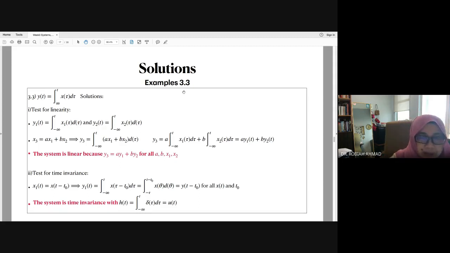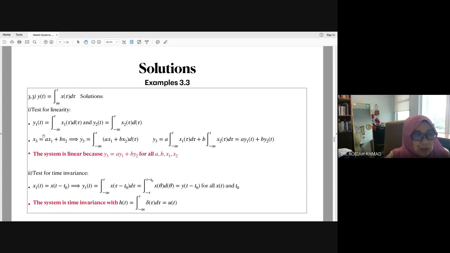So I did give solutions for 3.3. Okay, for the rest, 3.4 and 3.5, please try back home, and if you have problems, maybe start discussing among your friends first, and then kita boleh tengok nanti later on. Okay, so this one for integral.